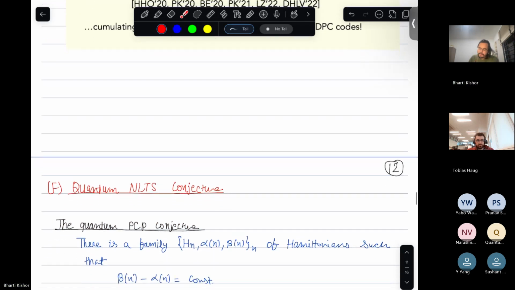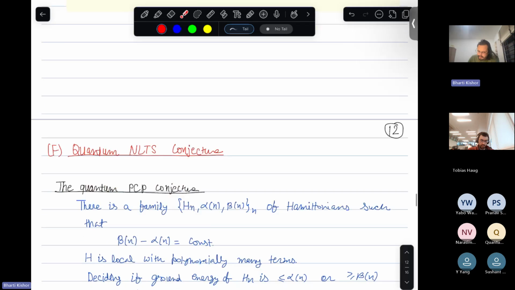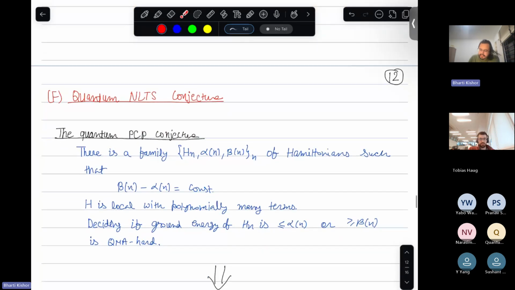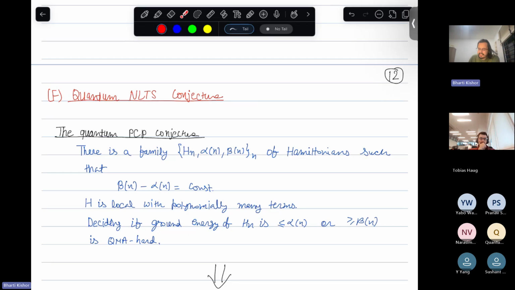Okay. So once these codes were developed, it led to breakthroughs in other areas also. One such example is the quantum NLTS conjecture. This conjecture was resolved by Anurag Anshu, Chinmay Nirkhe, and Nicholas Breuckmann.